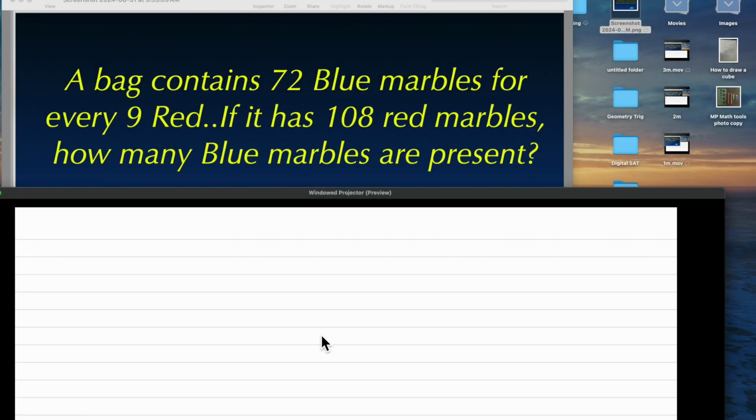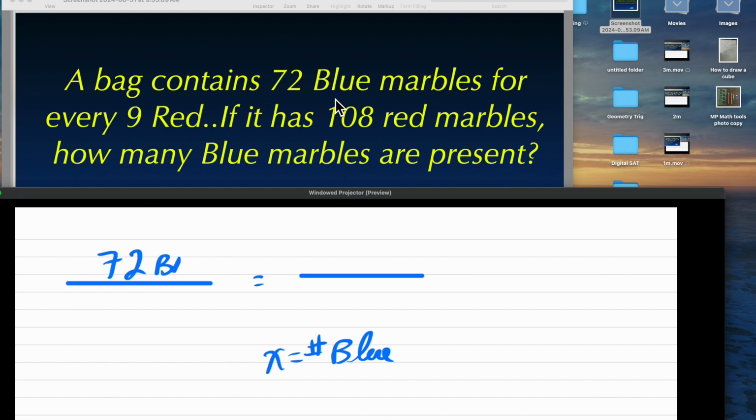Next, we have a bag that contains 72 blue marbles for every 9 red. If there is 108 red, how many blue marbles are present? Here it is. How many blue marbles? We're going to set x equal to the number of blue marbles. And we know that's going to go in part 2. Part 1, we're going to use the information they gave us. The bag contains 72 blue for every, in, per.